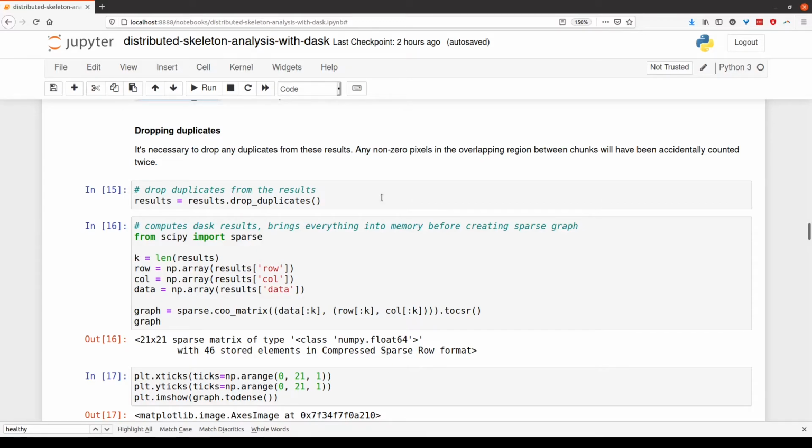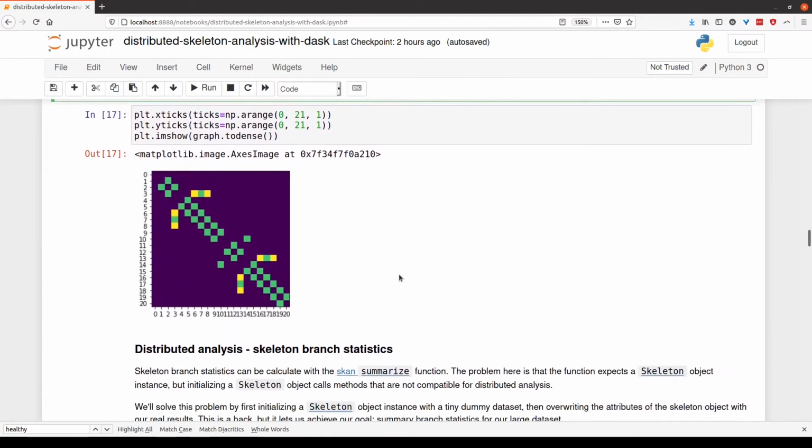And we need to get rid of that before we put things into the graph adjacency matrix. So the graph adjacency matrix for this tiny little example looks very similar to our non-distributed example. It's like two of the same skeletons stuck together, which is not very surprising because that's what our original image data was.